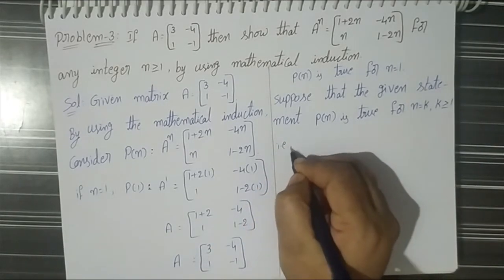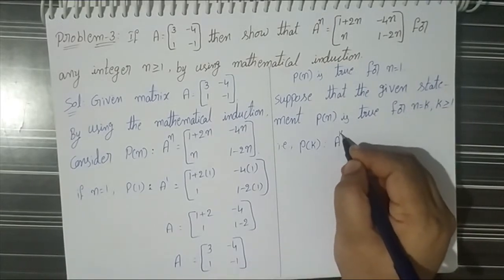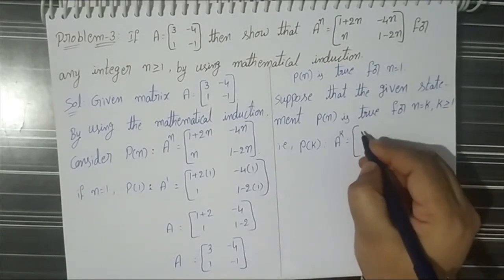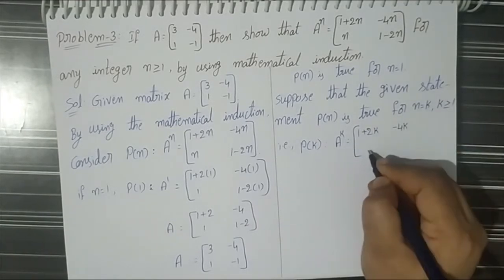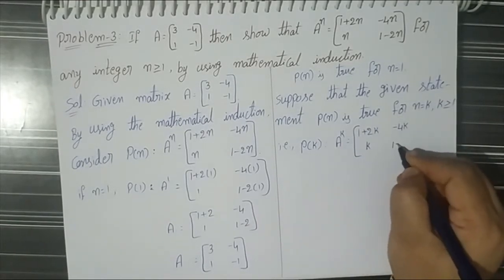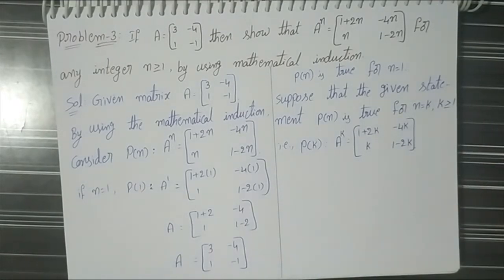That is, P of k such that A power k equals [1+2k -4k; k 1-2k]. This is our assumption.